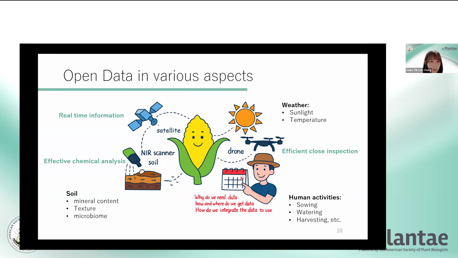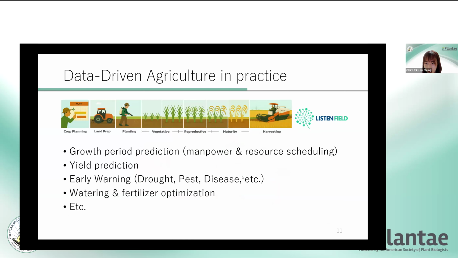And just like the listen to the field, our CEO says he wants to listen to what the field is telling us. And in practice, data-driven agriculture can provide tremendous value. For example, growth period prediction helps schedule manpower and resources, like when do we need how many people and tractors to harvest.